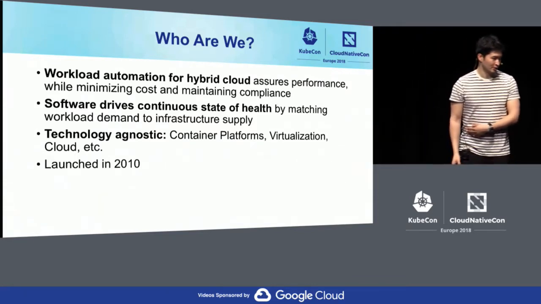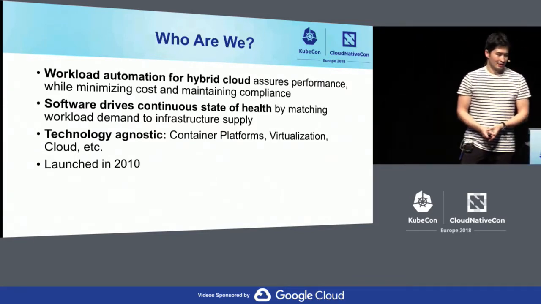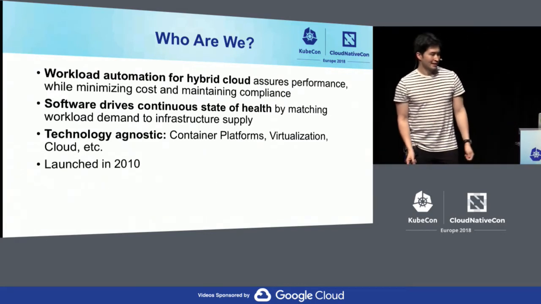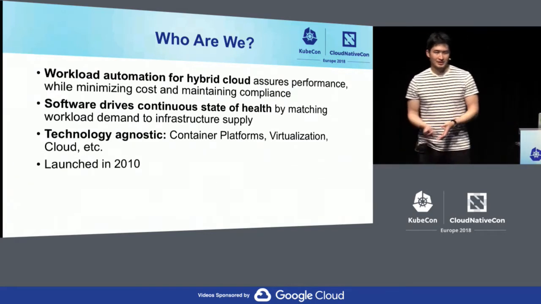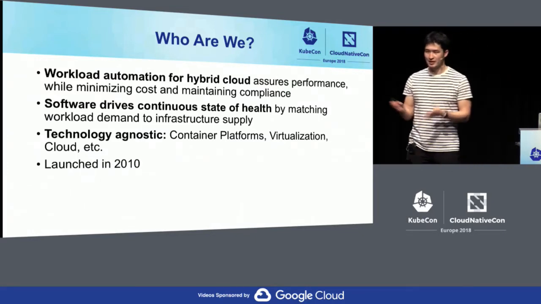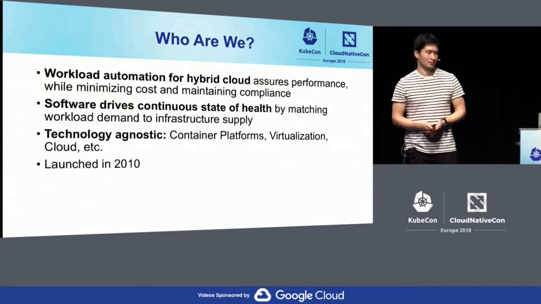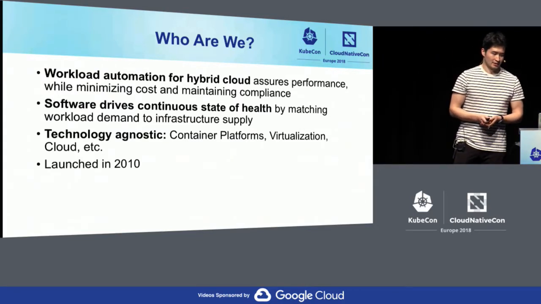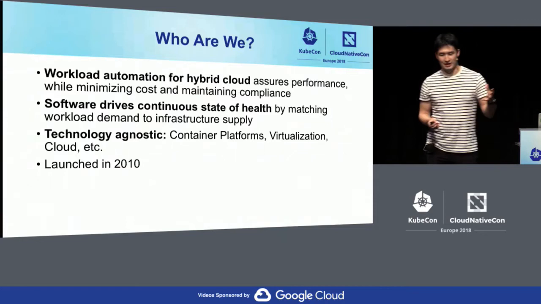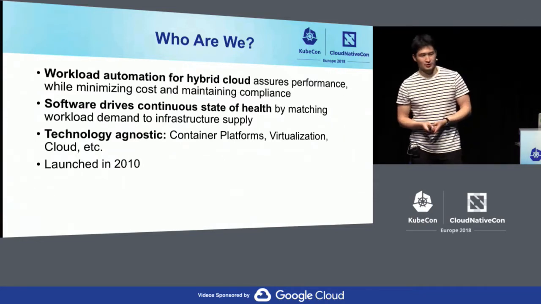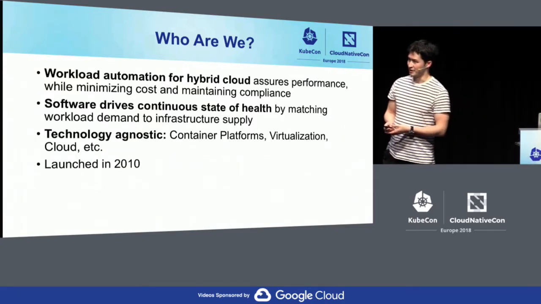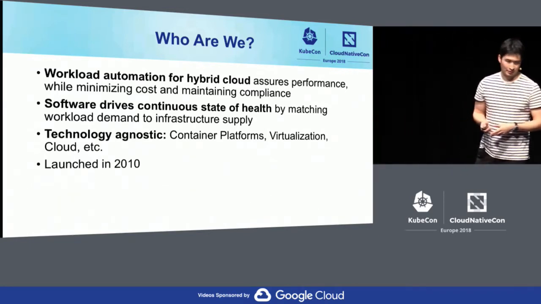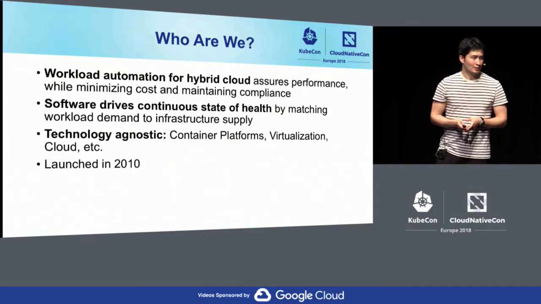Basically, we're a company that automates your workloads in a hybrid cloud environment, which basically means you have your applications running on your VMs or on containers or on any other technology, and we match the demand of the application to the supply of the infrastructure. That's kind of the marketing spin on things.